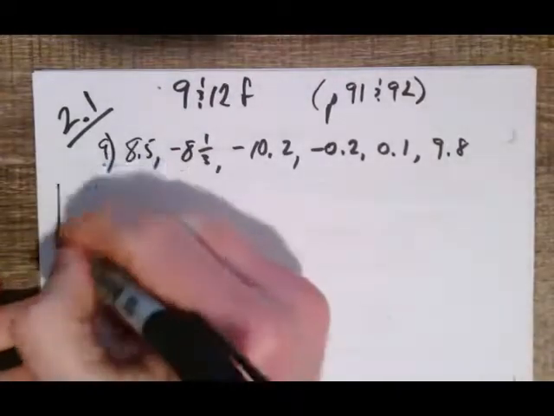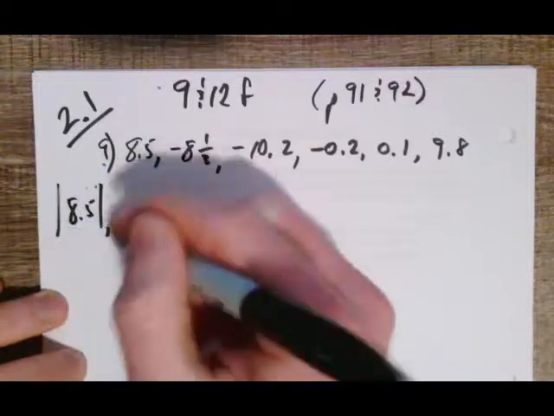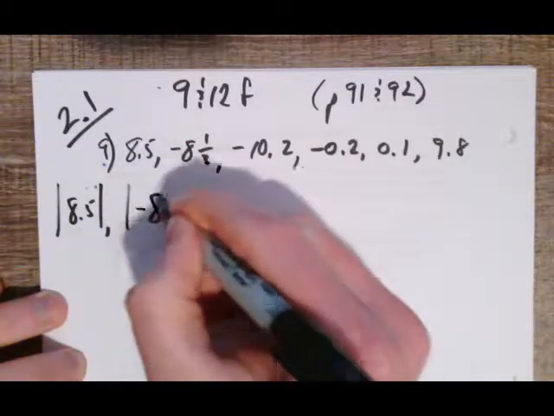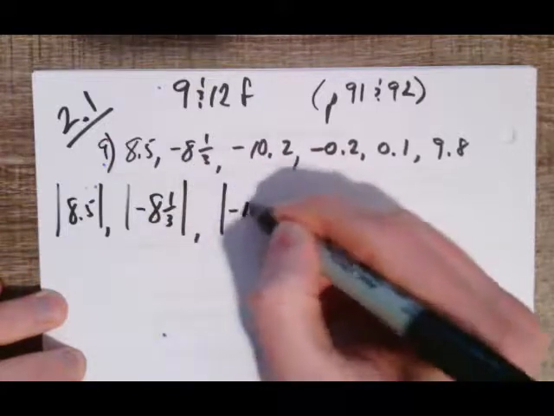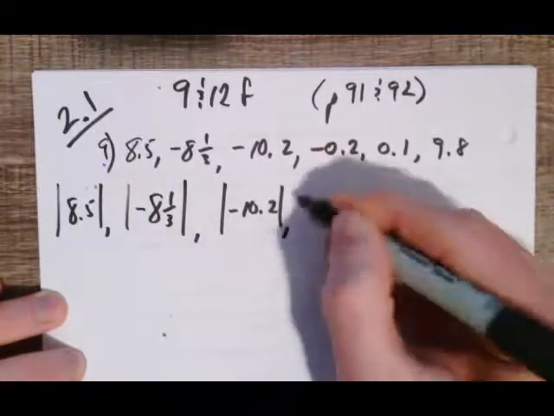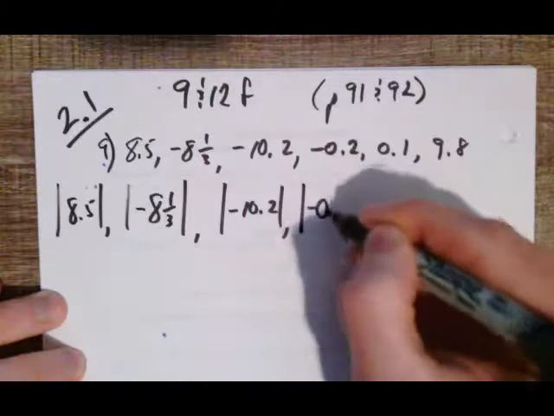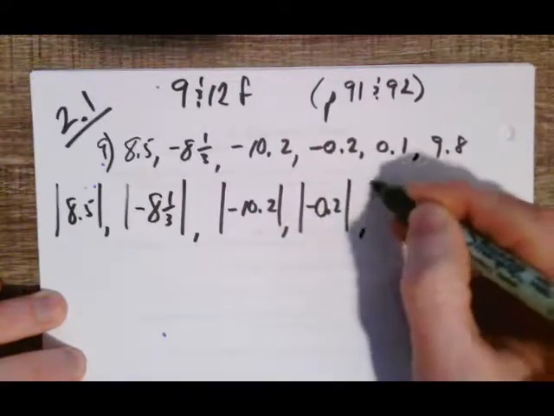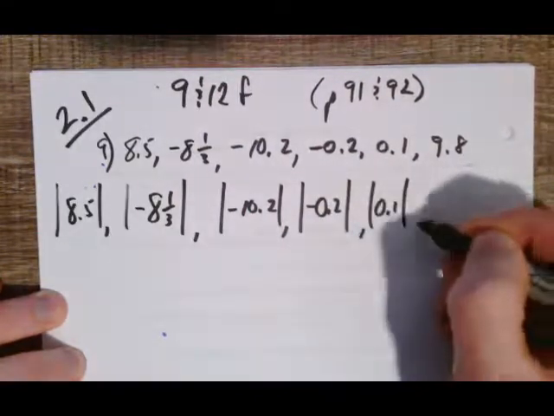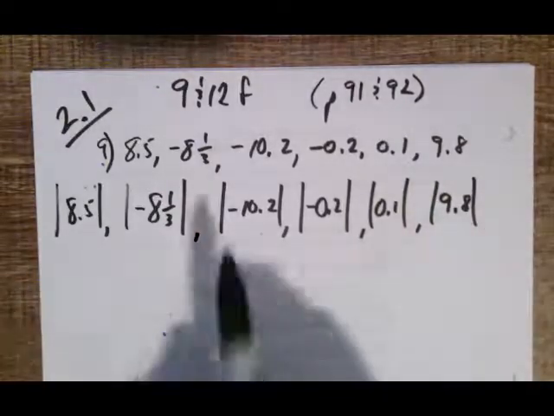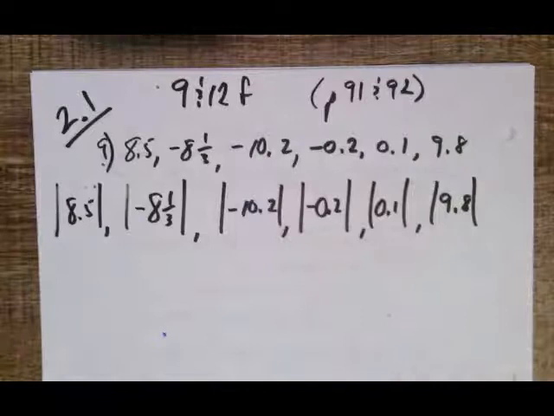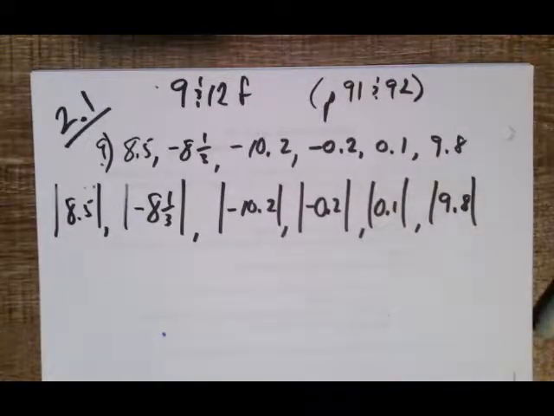Okay, so we have 8.5, negative 8 1/3, negative 10.2, negative 0.2, 0.1, and 9.8. I got them all. All right, so my strategy is just to ignore the negative signs.